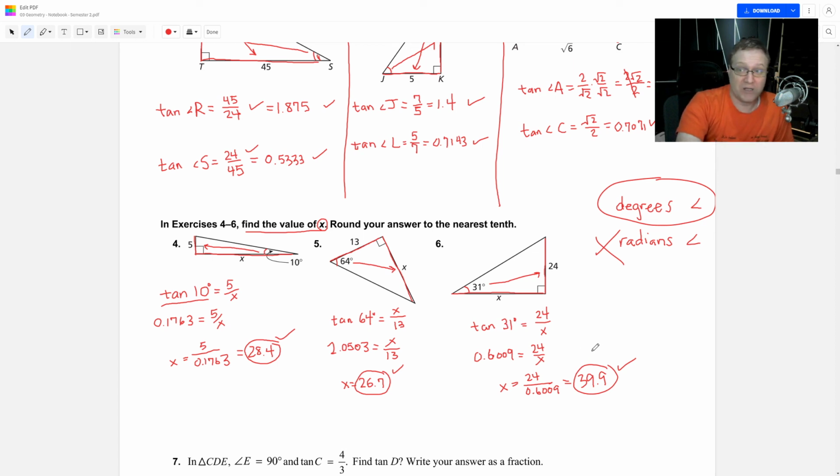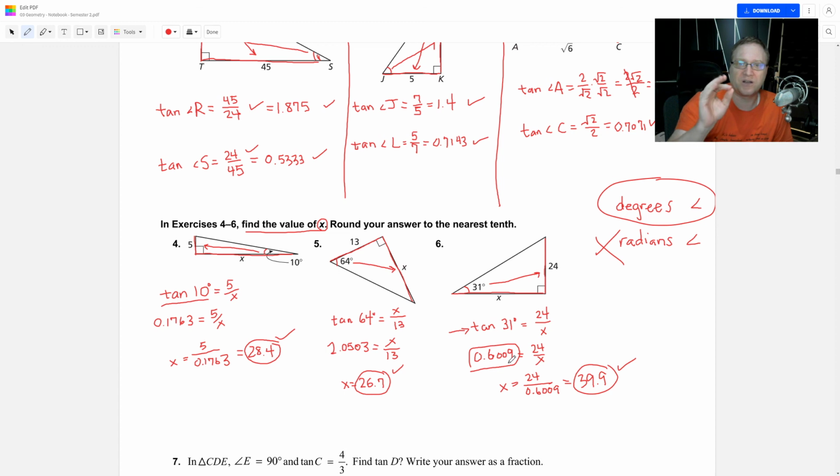So I just did a few examples here. If you want to make sure that yours is right, why don't you click in your calculator right now? Why don't you hit tangent of 31 and see if you get something close to 0.6009. If it is 0.6009, then good.